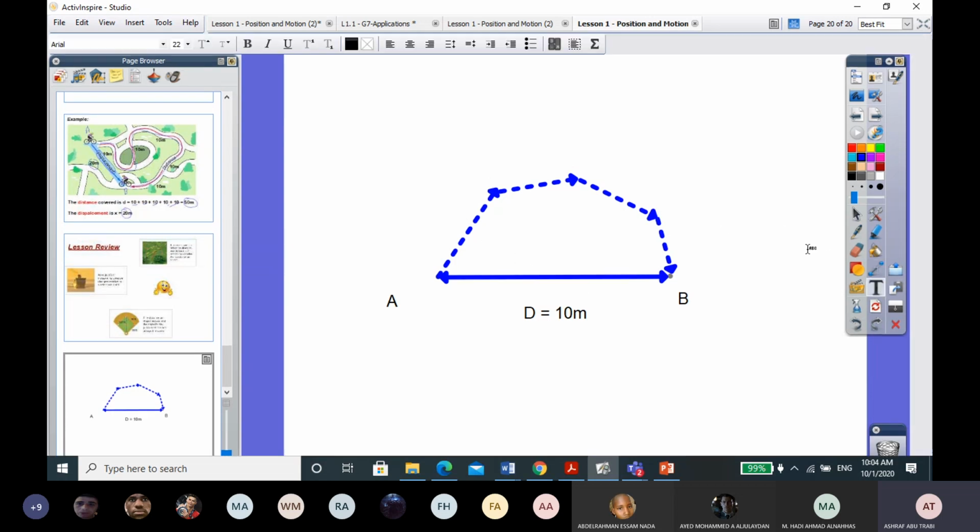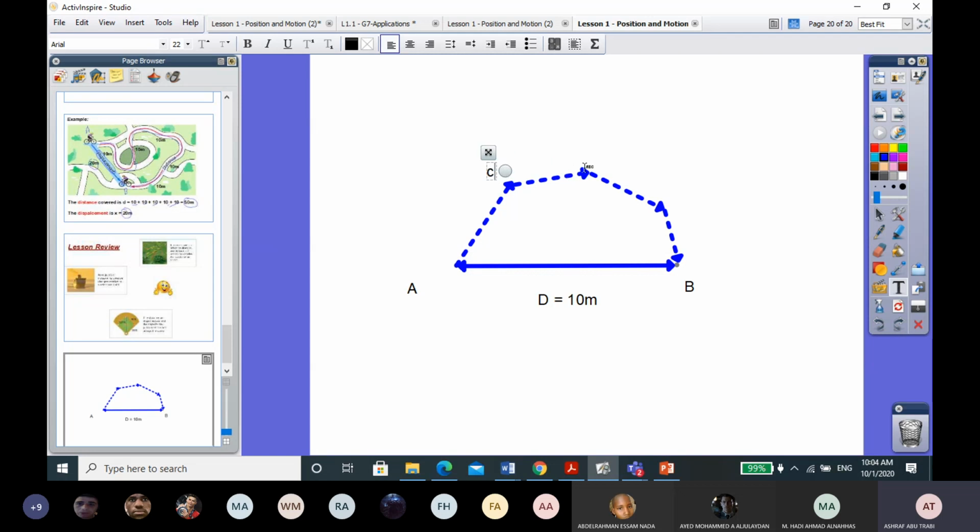Suppose this is point C, this is point D, this is point F, and this is point B. If I want to go from A to C to D to F to B, this is my path. For example, this is 10 meters, this is 5 meters, 2 meters, this is 5, and this is 3.